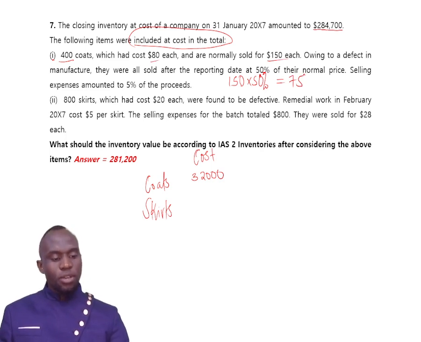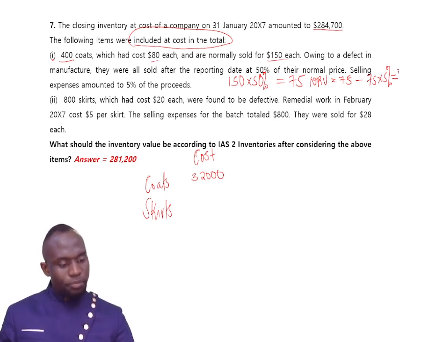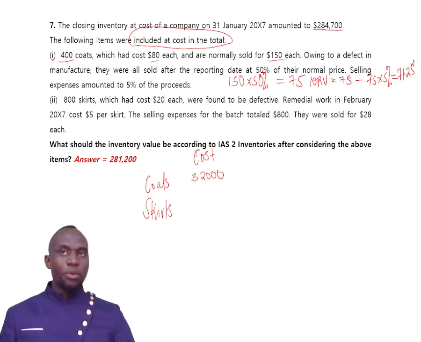But the question adds that selling expenses amounted to 5% of the proceeds. So 5% of what we are getting. It means the net realizable value is 75 minus 75 times 5%. If we work out, we get 71.25. So that is the net realizable value per coat.